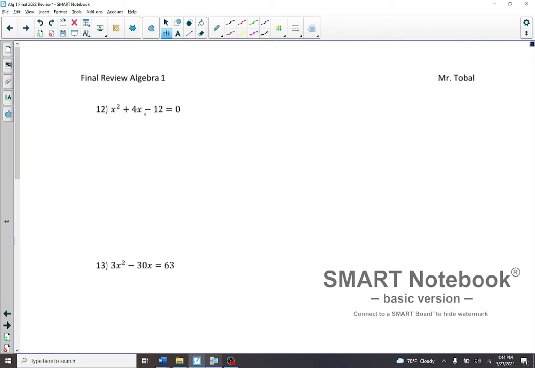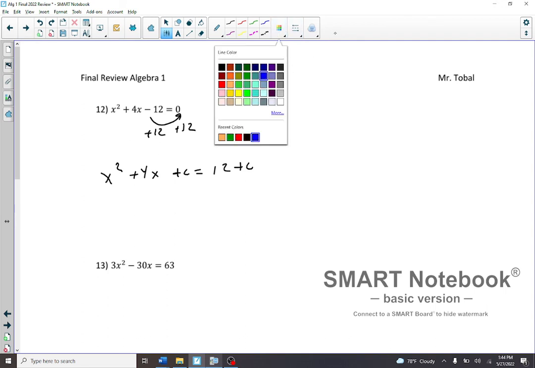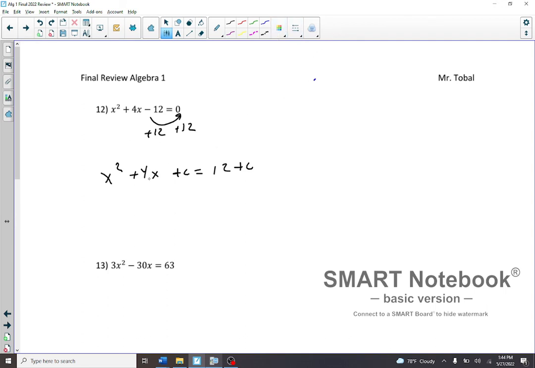Here, again, before we do the C, we need to move this 12 to the other side. So I'm going to do plus 12 on both sides. So x squared plus 4x equals 12. I need the perfect C value again. In this case, the perfect C value is 4 divided by 2, squared, which is 4.